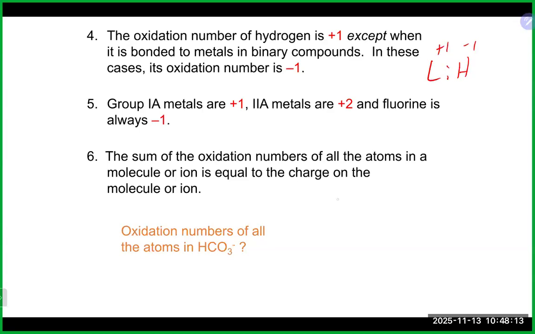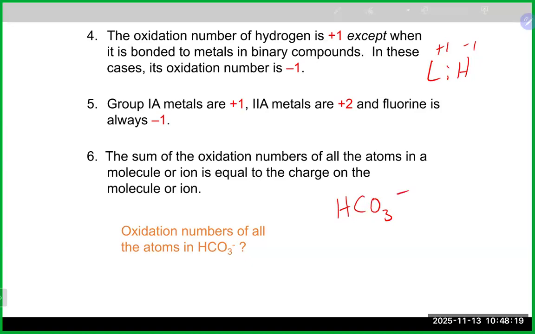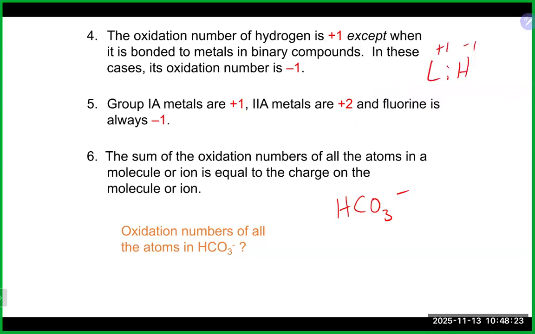So if we take a look at our friend bicarbonate here, I would say a pretty good approach, if you've got a 3-pack of elements, is to go right, left, and save the element in the middle for the end in terms of assigning numbers. So here we have oxygen, which is -2. There are 3 of them, which gives us an overall -6 for the oxygens.